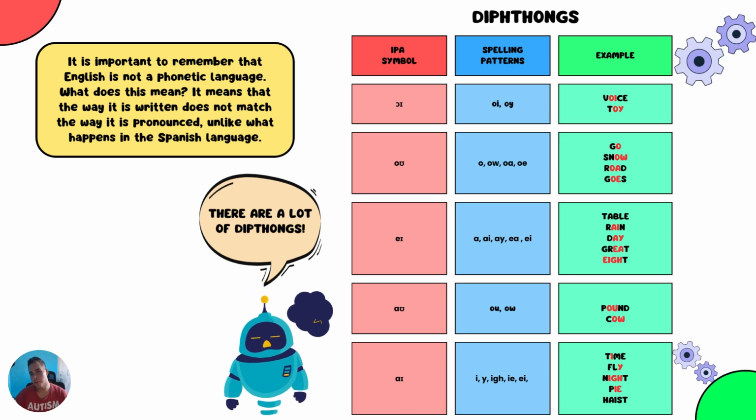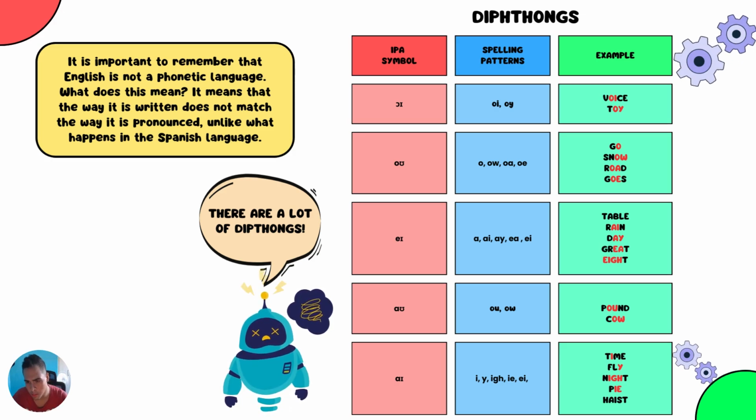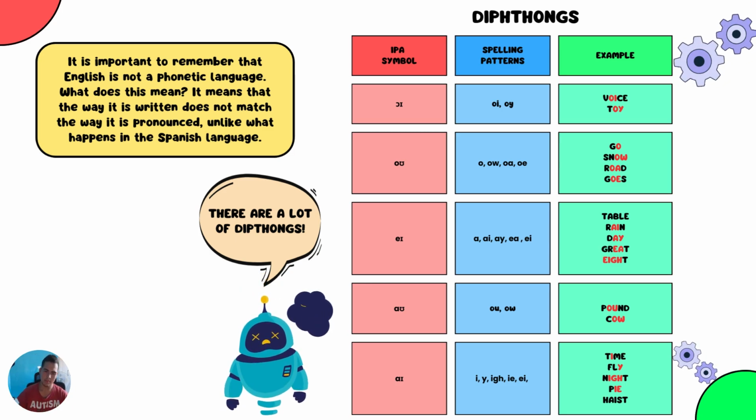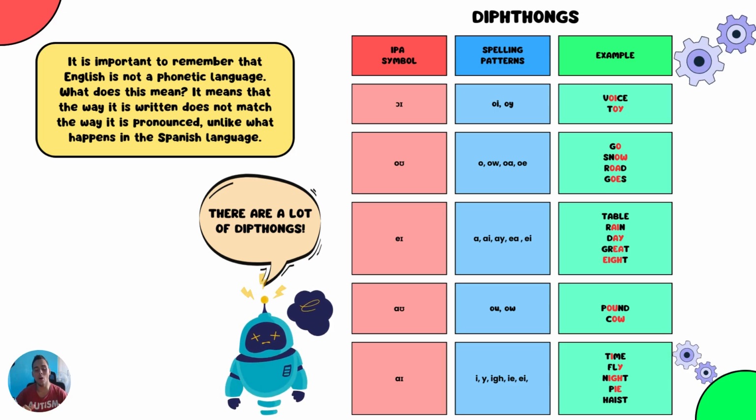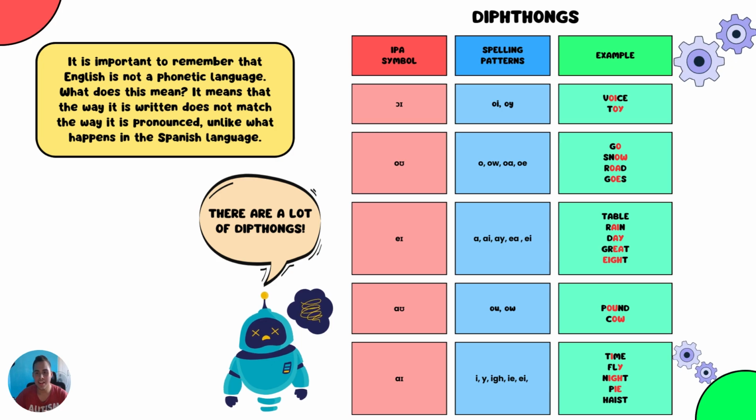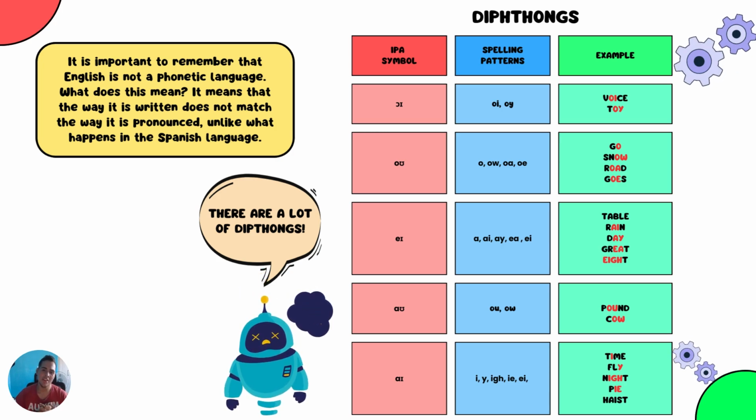As I said before, it is very important to remember that English is not a phonetic language. It means whatever you see is not how you are going to pronounce it. As the robot says, there are a lot of diphthongs. Yes, we have oi, as in voice or toy.